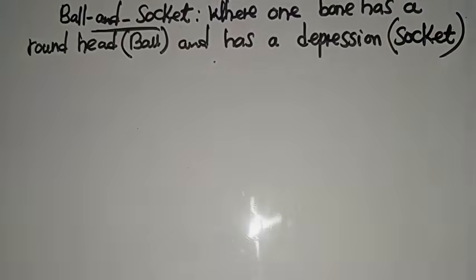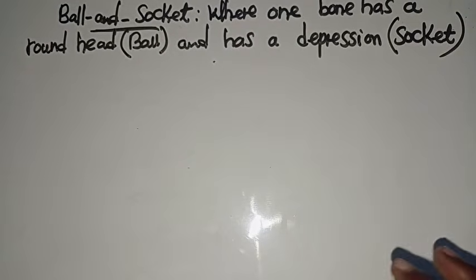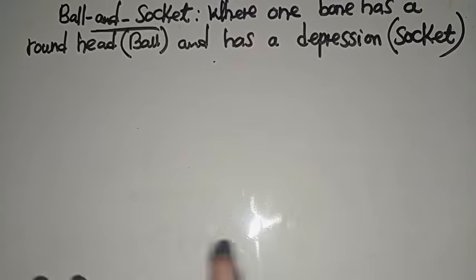So when we say a ball and socket joint, we are talking about 2 bones, one having a head, that is a ball, another one having a depression, which is a what? A socket. So this is how you need to get these things. A good example, and we can also consider examples of these.